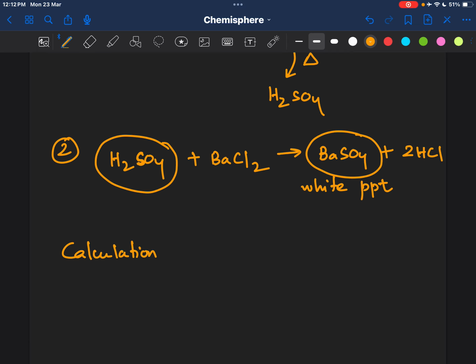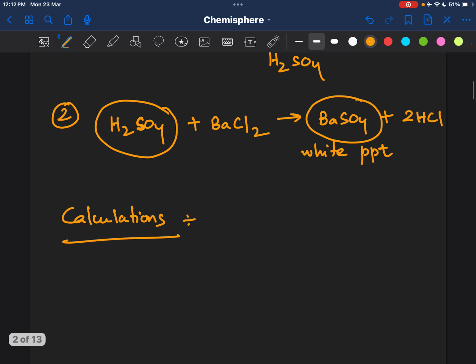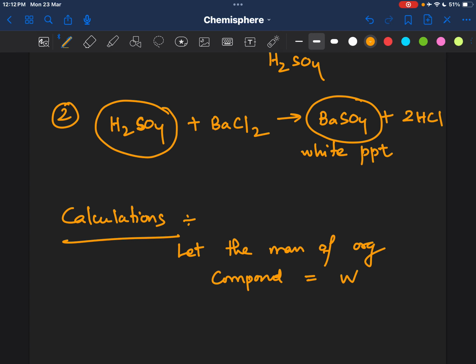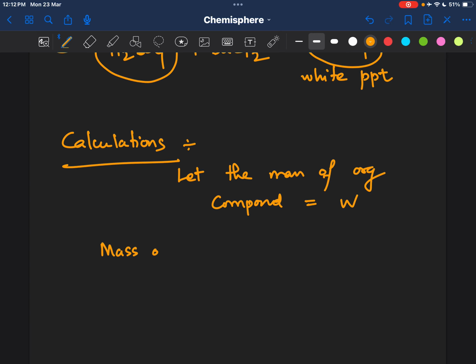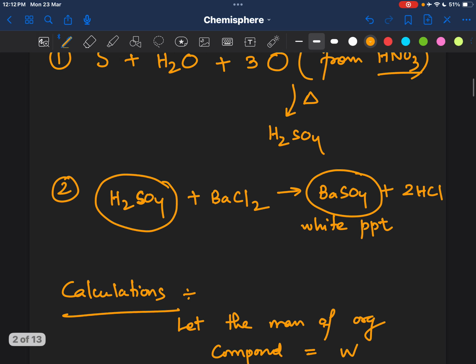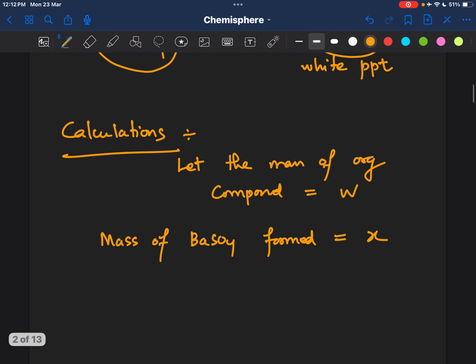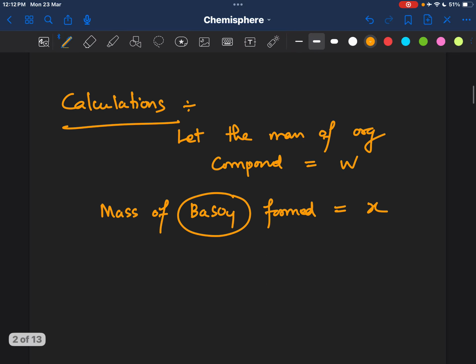Let's talk about the next step, that is calculation. Let the mass of the organic compound be W, and let the mass of BaSO4 formed be X. Seeing the reaction, if we do stoichiometry, 1 mole of BaSO4 contains 1 mole of sulfur.